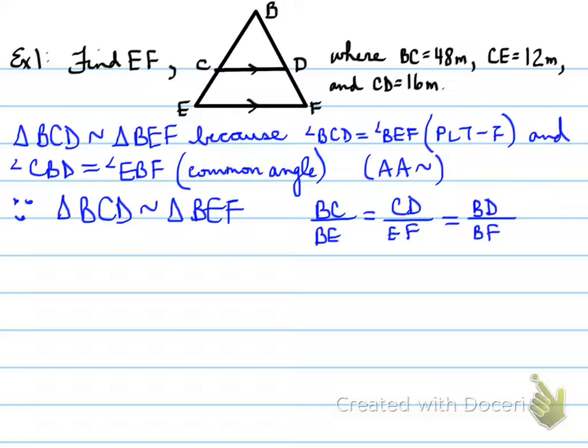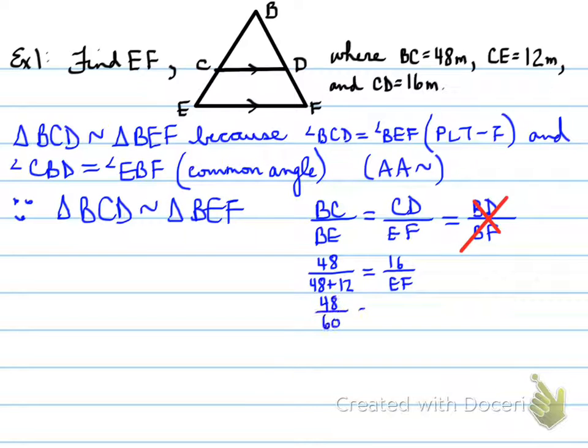Now we're going to fill in the information given to us. BC is 48. BE is 48 plus 12. That's right, 48 plus 12. CD is 16, and EF is what we need to know. We don't need BD and BF. It's neither given to us nor do we need it, so we would ignore that. We only need these two values to be able to solve. So what you do is cross multiply and solve.